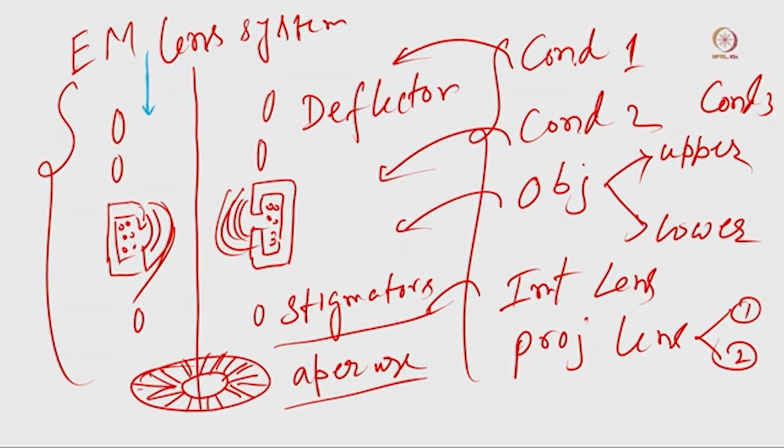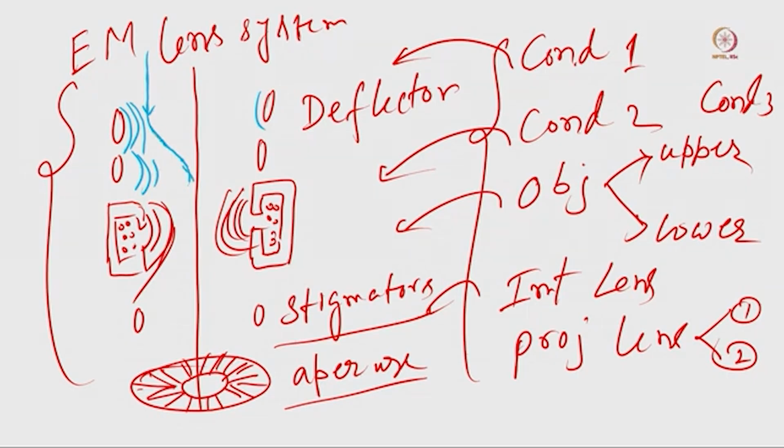So here we are using a deflector, some kind of magnetic field, which will help us to deviate the path of this electron. The electron cannot go straight, so we are using a magnetic field here. And then again here, we are using a certain kind of magnetic field which will help us not only to deviate but to follow this optical axis path.